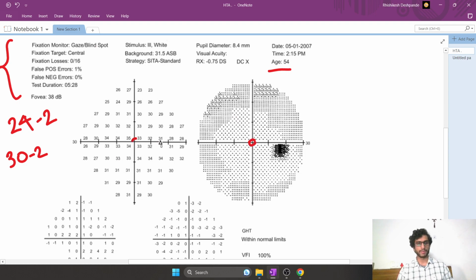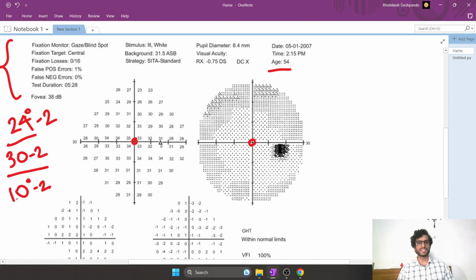Always and always in perimetry, the center is fixation, not the optic disc, not any other point on the retina. It is always the point of fixation, the macula, the center of the macula. So 24 denotes 24 degrees of temporal field of vision that will be studied in this test. And the nasal field is always 30, that is fixed whether you pick 24-2 or 30-2, or there is a third variant called 10-2.